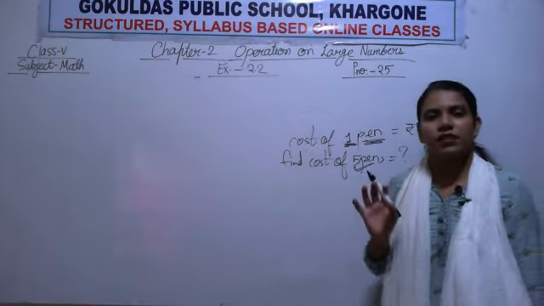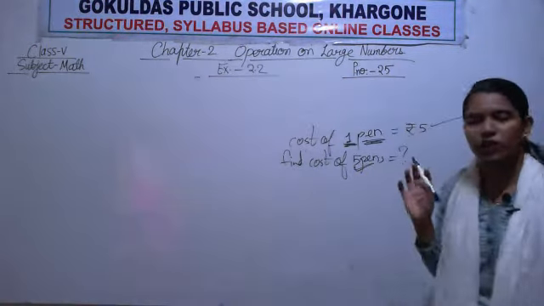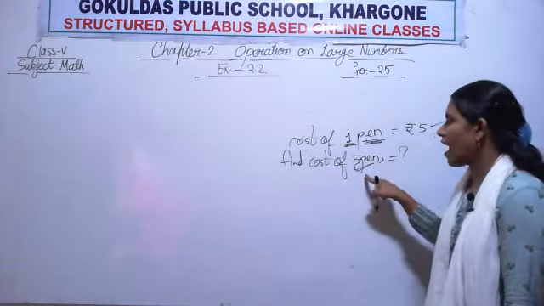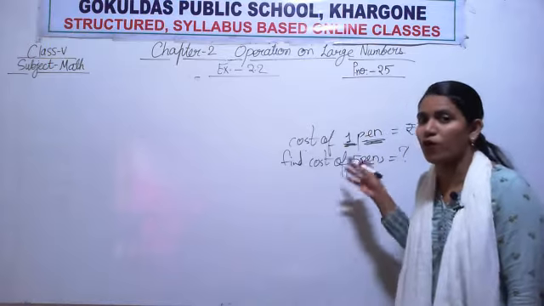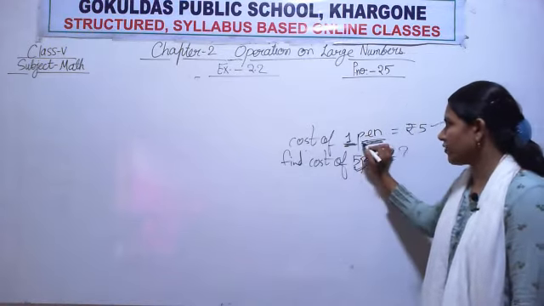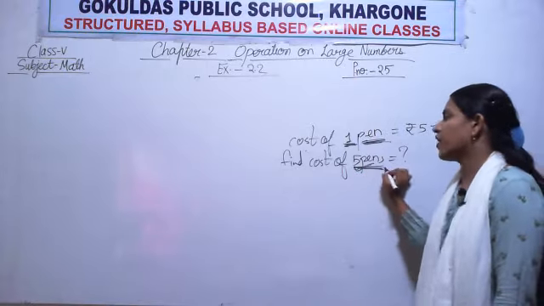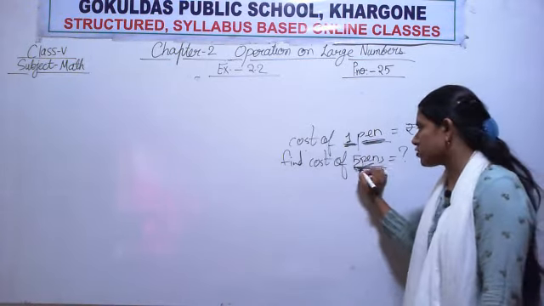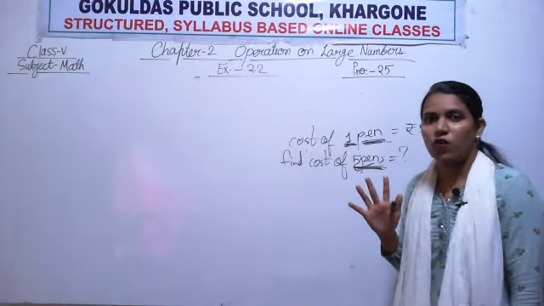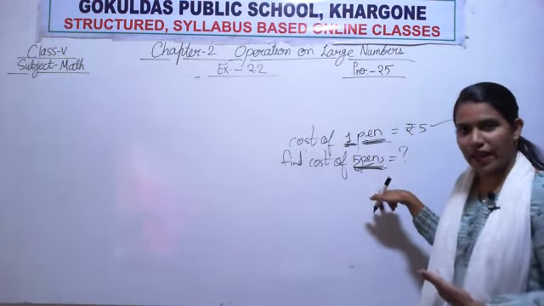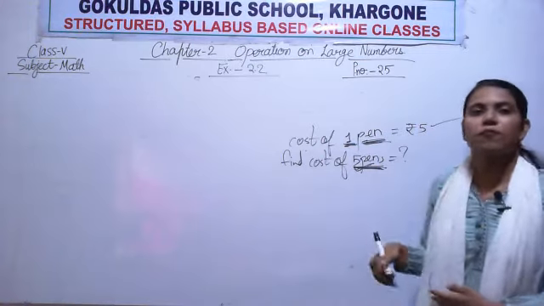So when this condition happens, observe your question. When data for one thing is given and they have asked for more of the same things. They have given the data for 1 pen and they are asking for 5 pens. They are asking the cost of 5 pens. Given for 1 and asking for 5, then you have to perform multiplication here.